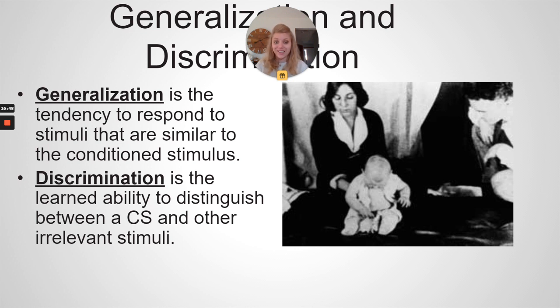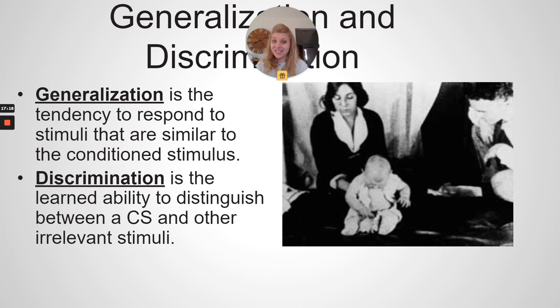Now, kind of sadly, they did this while Albert is playing with this white rat, and they did it numerous times. And so this white rat, which had originally been neutral, is now going to elicit a fear response. And so the white rat goes from being a neutral stimulus to being a conditioned stimulus. And the conditioned response to the white rat is that Albert becomes really fearful of it.